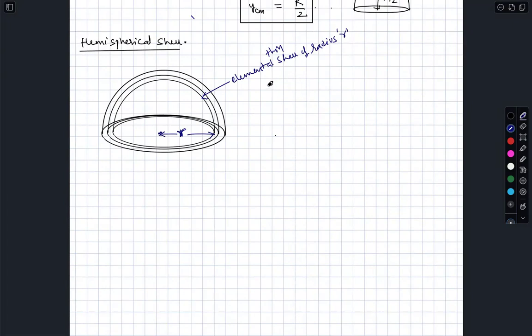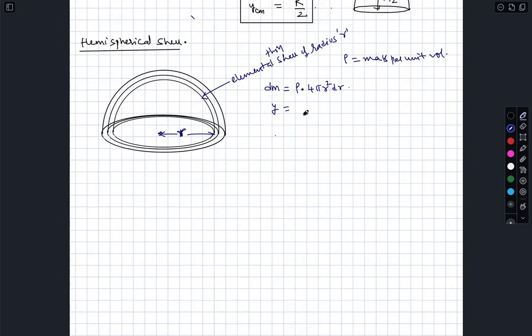Now again, what is the mass of this piece? Rho stands for mass per unit volume. So dm is rho times 4 pi r square dr. That is the mass.